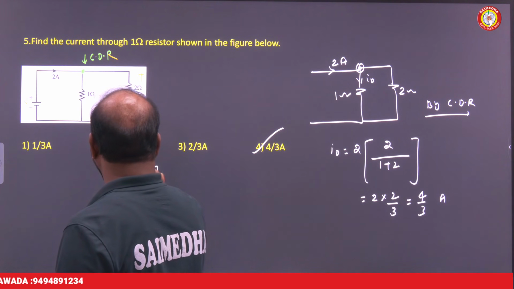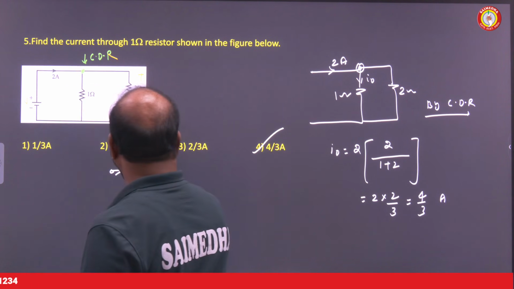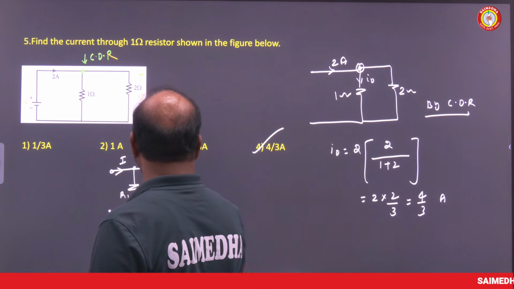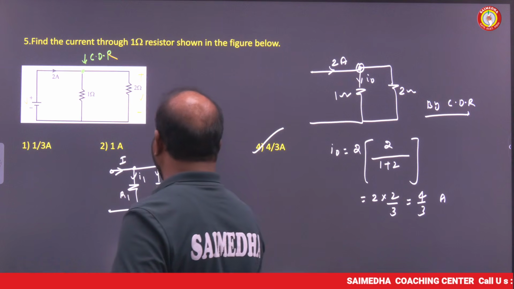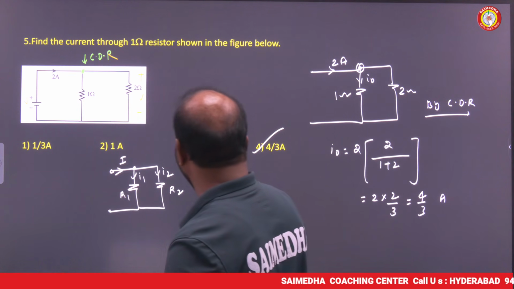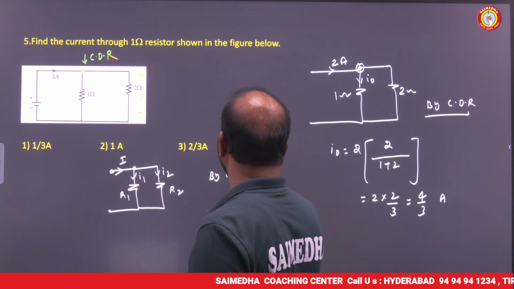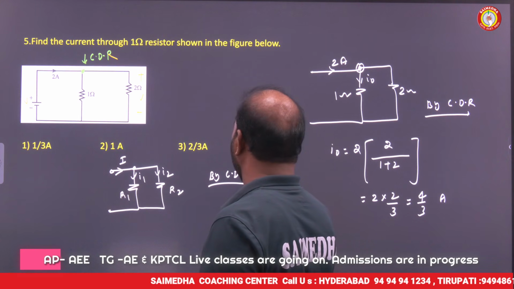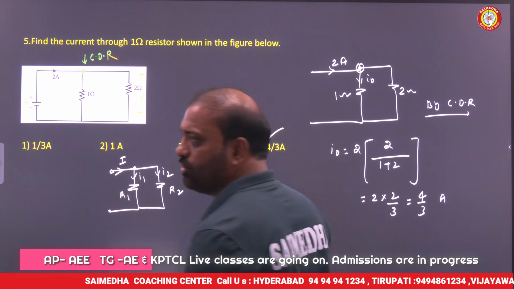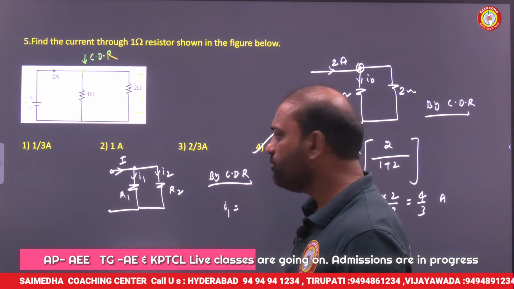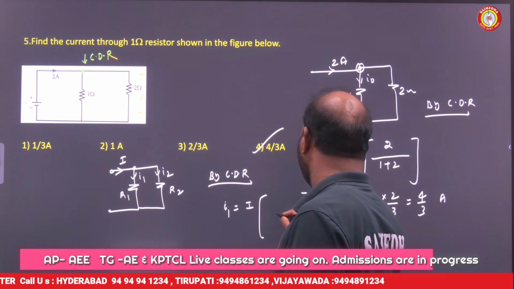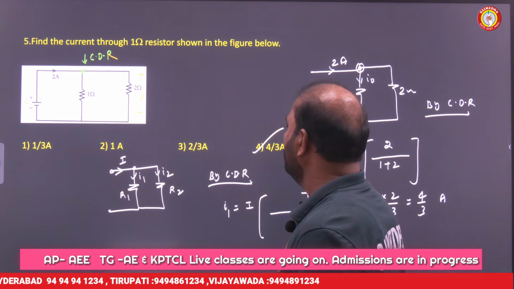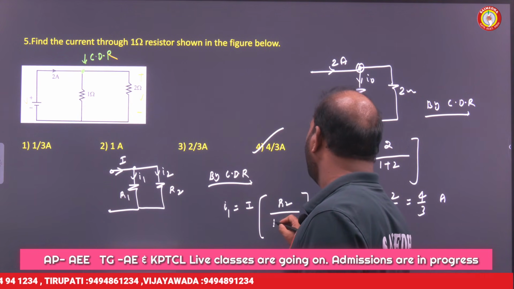Actually here I would like to give the expressions, my friends. If the total current entering the junction is I, and the two resistors are R1 and R2, and the current through R1 is I1 and through R2 is I2, then by the current division rule, I1 is equal to I into R2 by R1 plus R2.